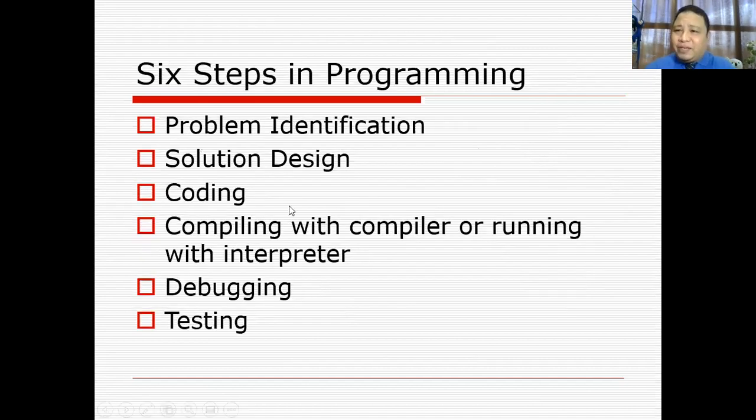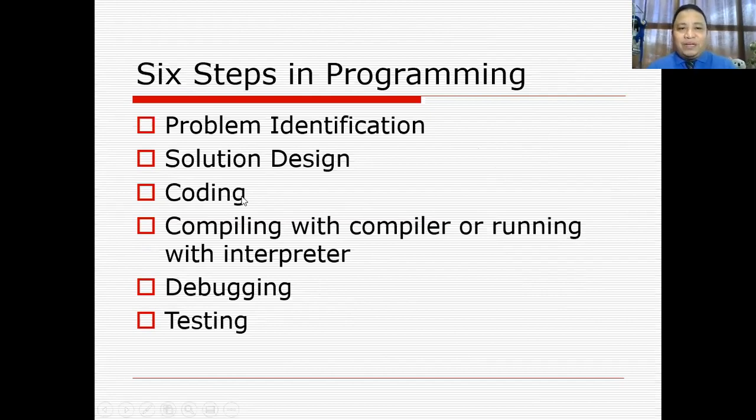There are 6 steps in programming. In coding, for example, the first one is problem identification. You need to identify what is the existing problem in your system, for example, a sluggish payroll system or HRIS. And then number 2, you need to have solution design.